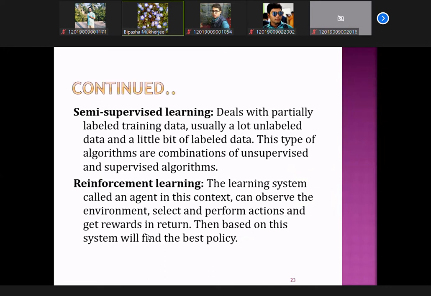For unsupervised, no such situation can happen. In semi-supervised, it knows a little bit, but for the rest of the things, it has to explore. And reinforcement is based on the outcome, it learns and updates itself.